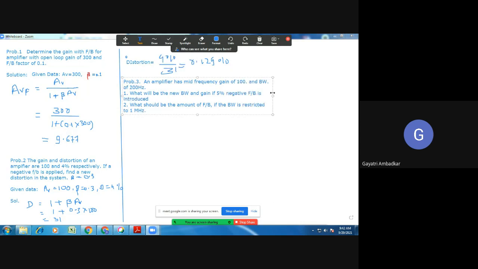Understand the problem? In an amplifier, mid frequency gain is 100 and bandwidth of 200 hertz. So is this with feedback or without feedback?